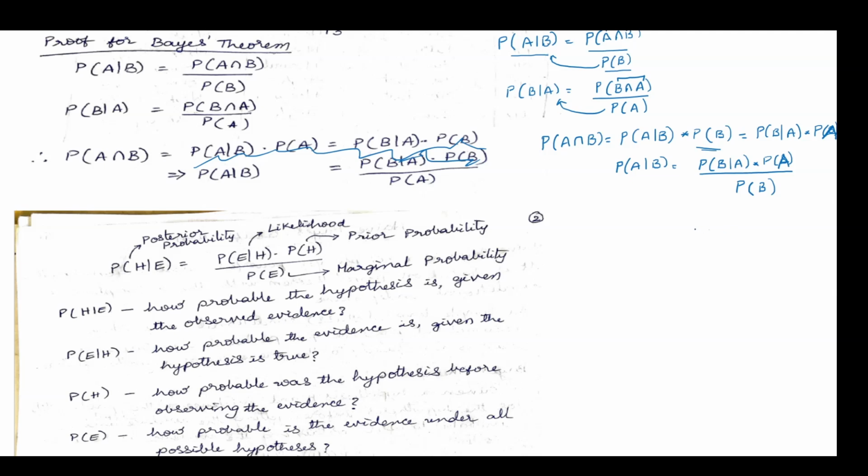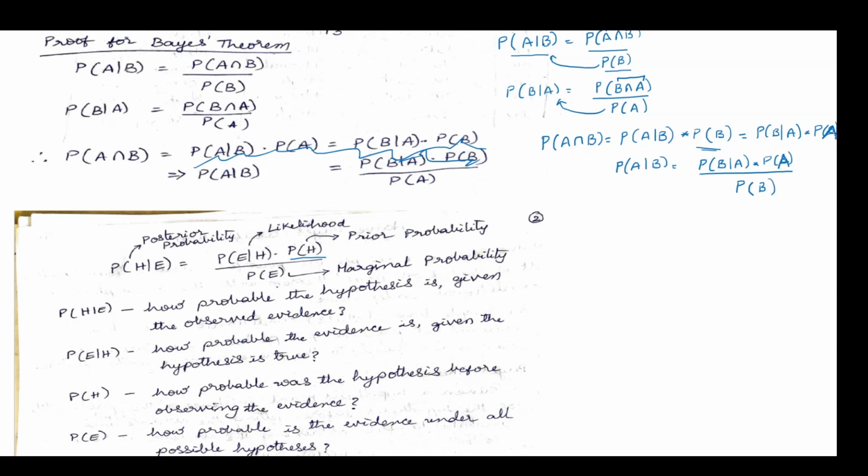Now, like I mentioned, P of H here is the probability for a given hypothesis to be true, which is called the prior probability. So P of H determines how probable the hypothesis was before even observing the evidence. Even before the evidence is seen, the values of P of H for all possible hypotheses must be known. Let's look at P of E first.